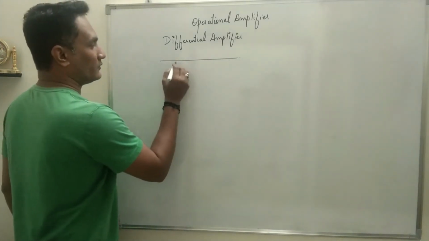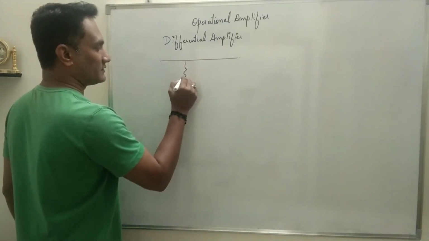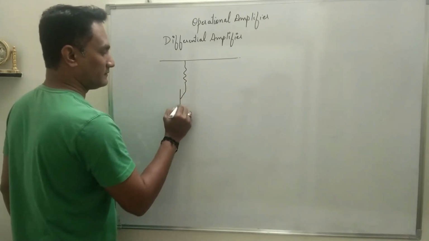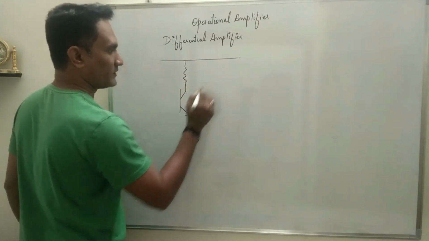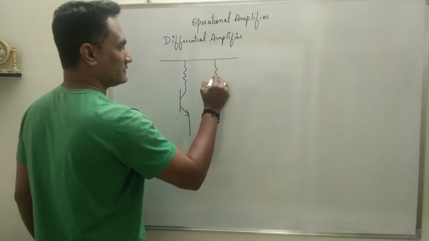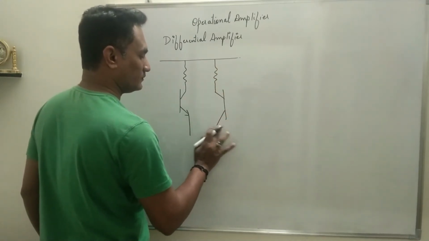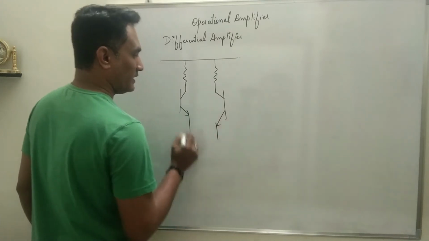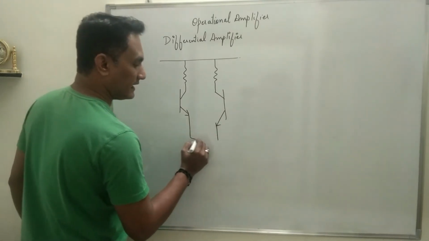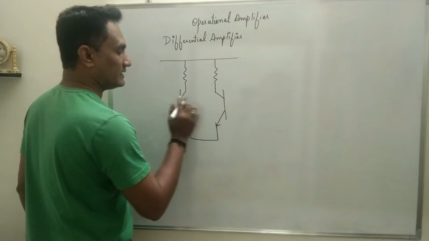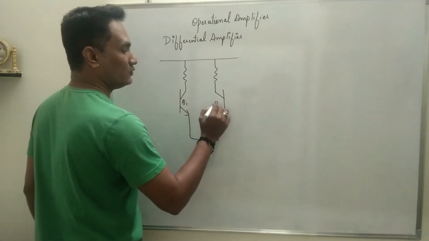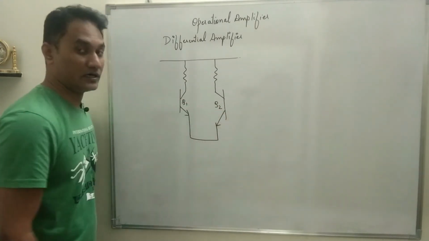Okay, so this is the first transistor and this is the second transistor, and in this case the emitters of the two transistors, I will call them Q1 and Q2, are coupled together.